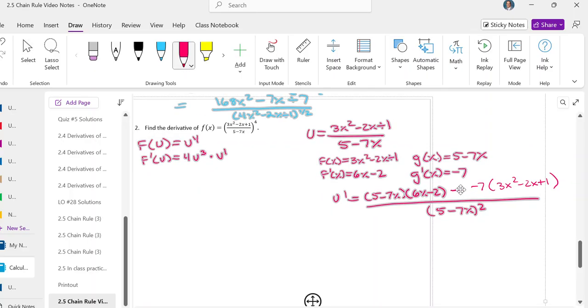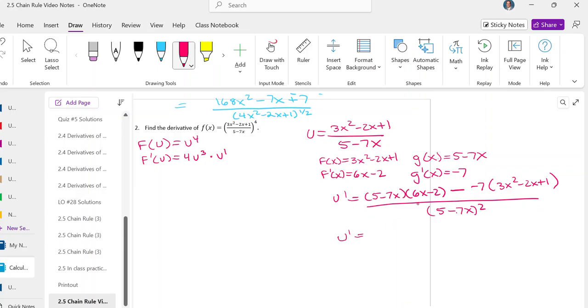Now, we could simplify this a little bit. So here when we multiply, I'm going to FOIL this in my head. I'm going to go negative 42x squared.